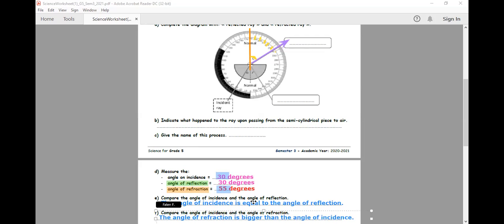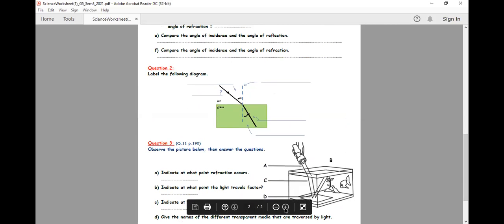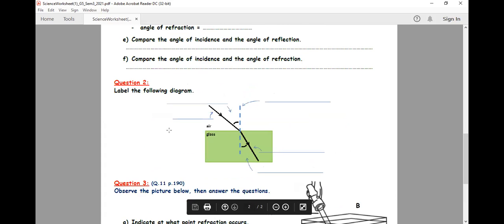Is this clear for everyone? Yes. Okay, great. Can I move to question number 2? Yes. An easy question. Please, I need you all to participate.